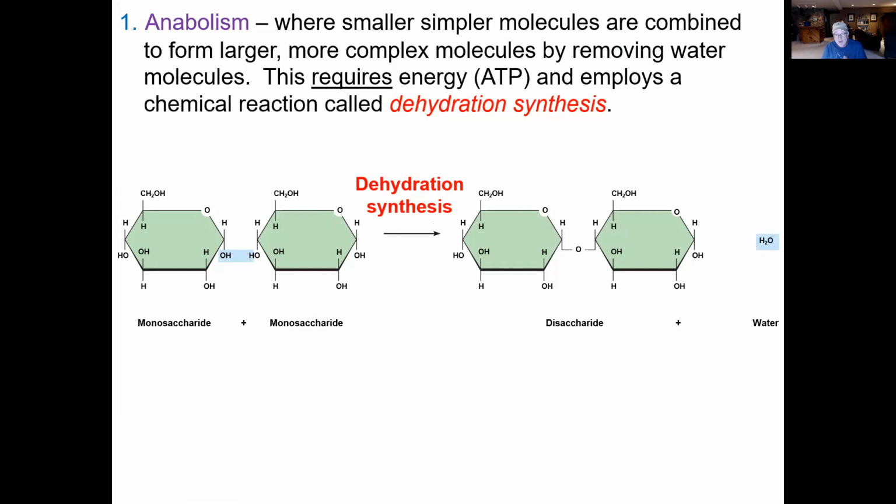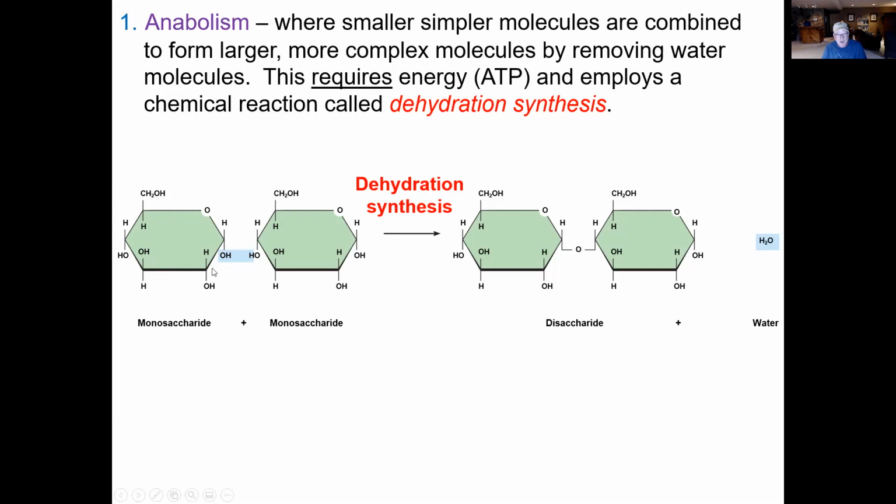Now, again, where did the water come from? Well, you have to go back into the reactants, in this case, the two monosaccharides. And you'll see here in blue where they've shown you the one hydroxyl group, the OH group coming off what we call carbon number 1 of this sugar. We usually number these carbons, if you remember again from Chapter 2, the apexes of these hexose sugars denote carbons.